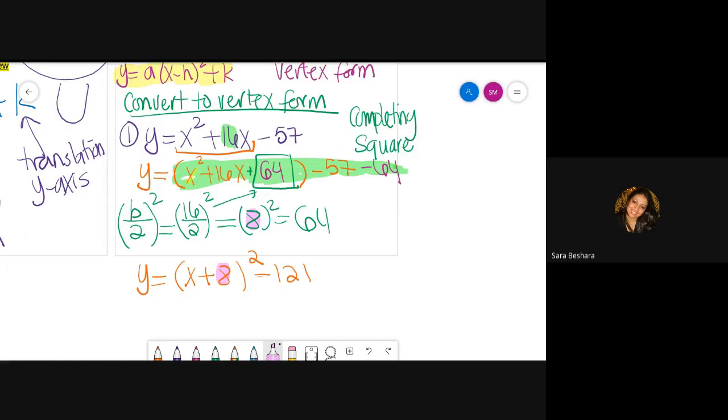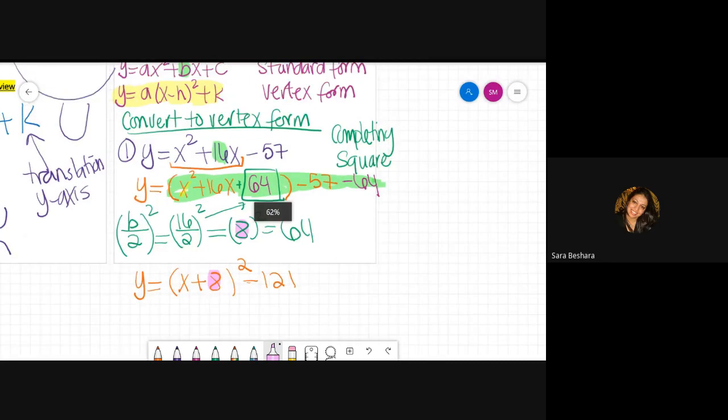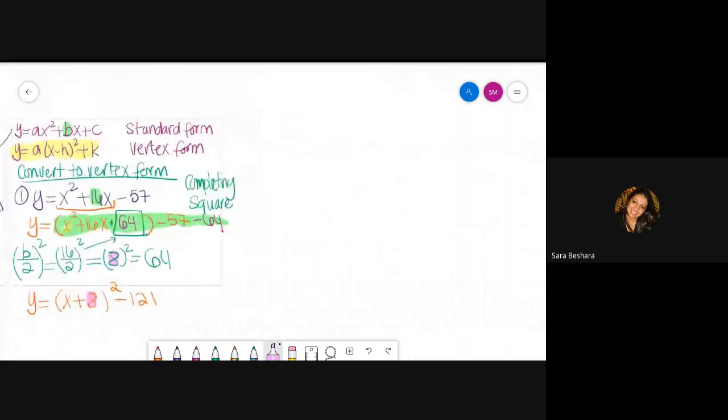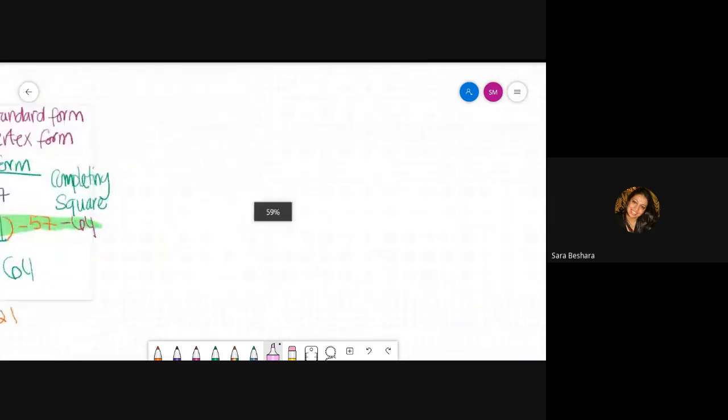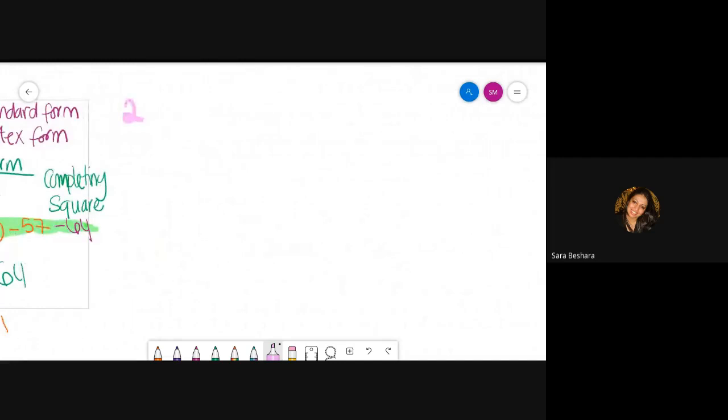What would be a second, easier way to complete the square? Let's try number 2. All right, number 2. y equals x squared plus 10x minus 7.